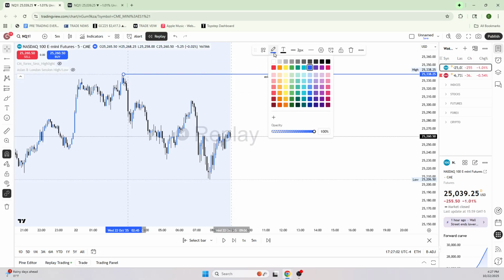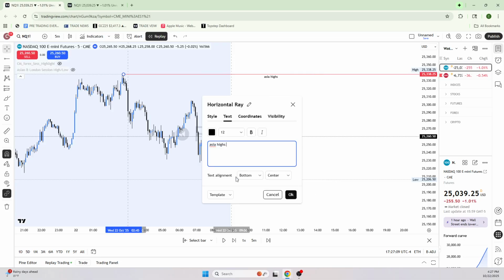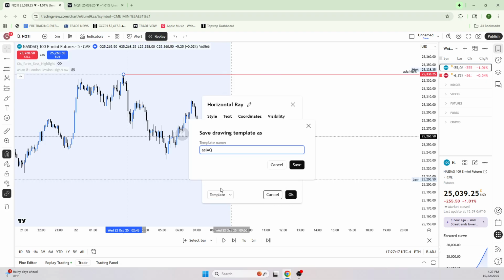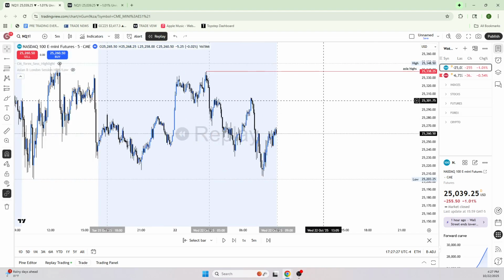The line needs to be red. Oh my goodness, I'm not very good at this. Top right. Save as Asia highs. Save. Okay, Asia highs.